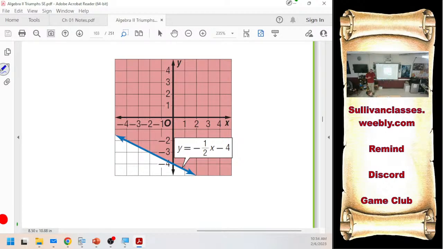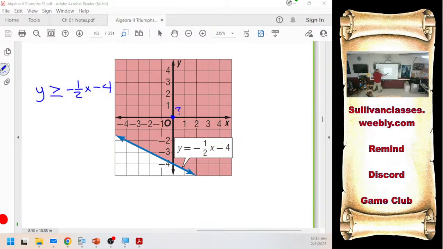Okay. When I graph this thing, to determine which way I shade, it depends on Pac-Man here. I'm either going to shade one side or the other, right? And remember that whole true or false statement in business? We're going to put that to work for us. We're going to pick a point and plug it in for x. What is the easiest point in the world to work with? Zeros, right? So I'm going to pick this point, (0, 0).